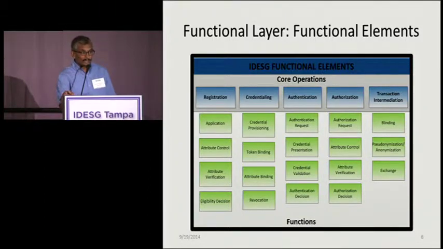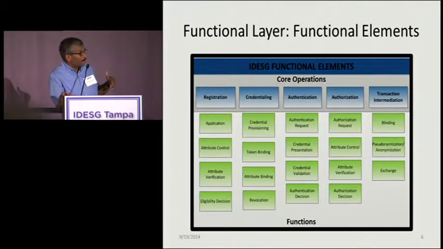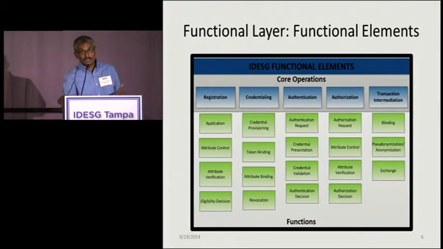We recognize that these core operations need a little more clarity, a little more granularity in definition. So when you look at this picture, you can say that, hey, registration, we envisage that as part of registration, there are different functional elements that are involved. Not necessarily saying that these are involved every time in every type of registration, but we are recognizing this and we are defining them.